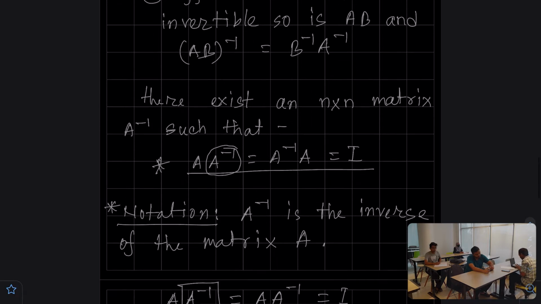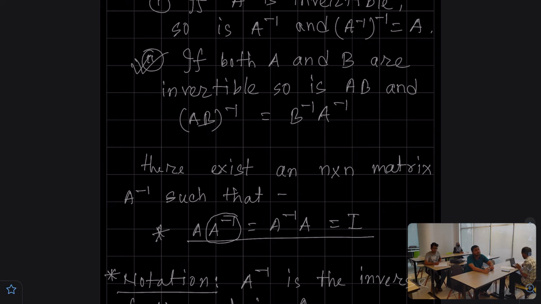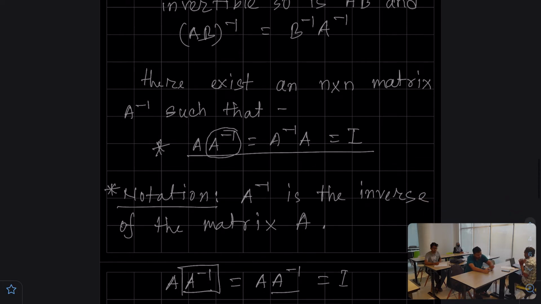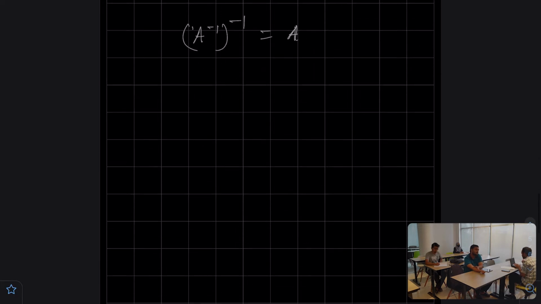And the second one, I proved in a previous lecture, right? This is just simple. You just have to apply the definition. You can multiply B inverse A inverse with AB, and you can multiply AB with B inverse A inverse. Let's consider B inverse A inverse with AB.